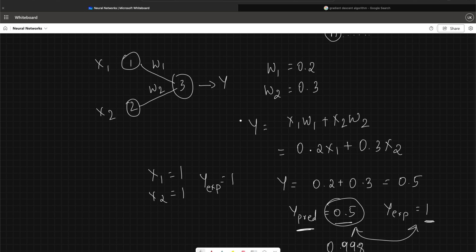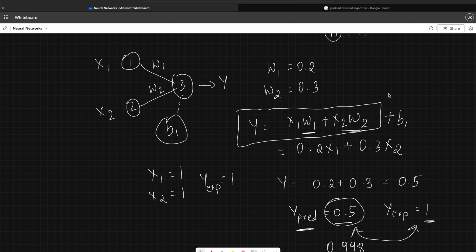In this equation, which determines the output value, the only thing you can change is W1 and W2. We are neglecting bias for now. Assume there was a bias B1 getting added. Whatever process the weights go through, the bias will go through the same calculation. So for now, we'll just assume the weights.